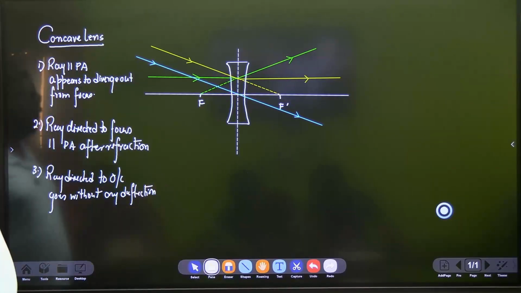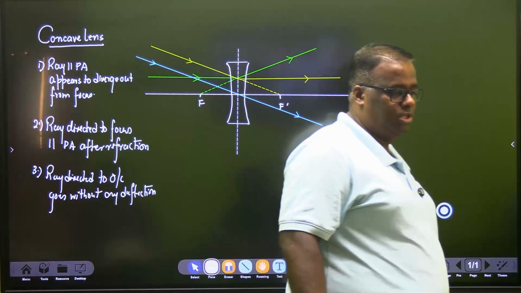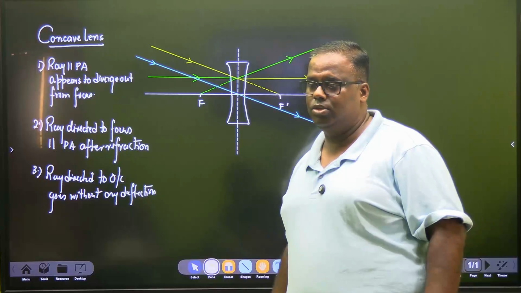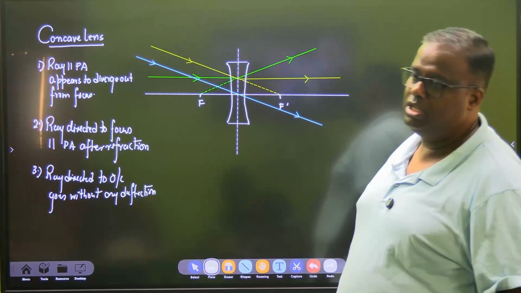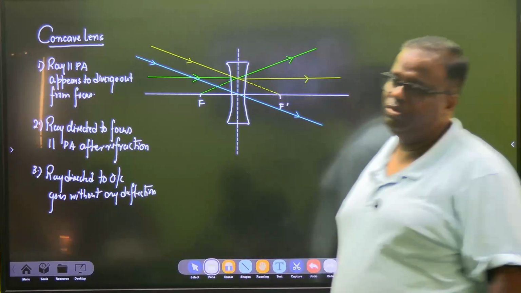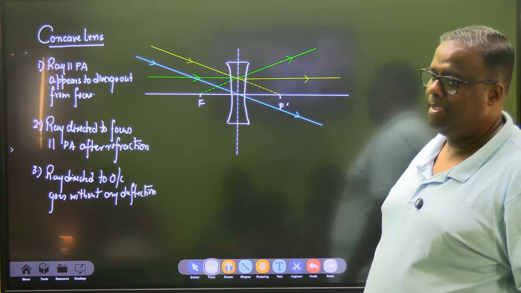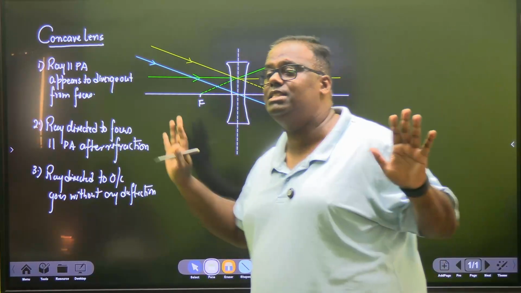Very clear. In convex, we used to say a ray parallel to the axis passes through the focus. Here we say a ray parallel appears to diverge from the focus. A ray through the focus becomes parallel; here we'll say a ray directed to the focus becomes parallel. The third is common to both: a ray through the optical center goes undeflected. A lens has both focus points.